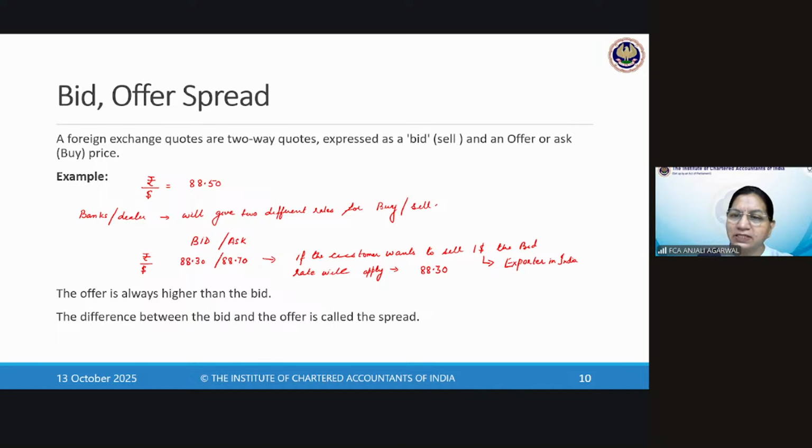So the customer will sell the dollars at 88.30, which is the lesser price as compared to the ask. Similarly, if the customer wants to buy dollars, the ask rate will apply.